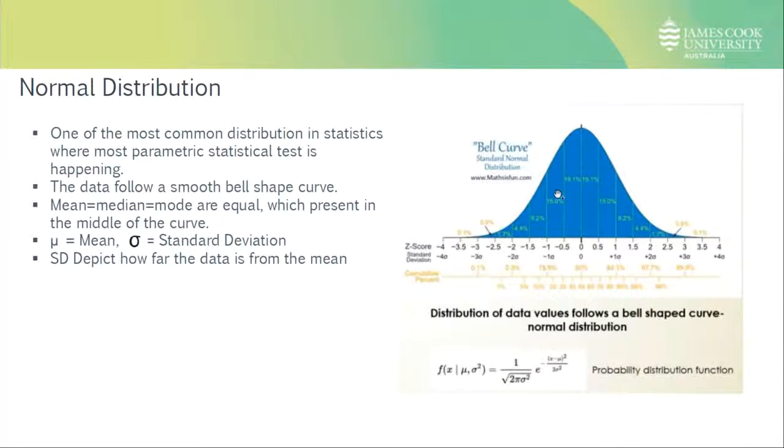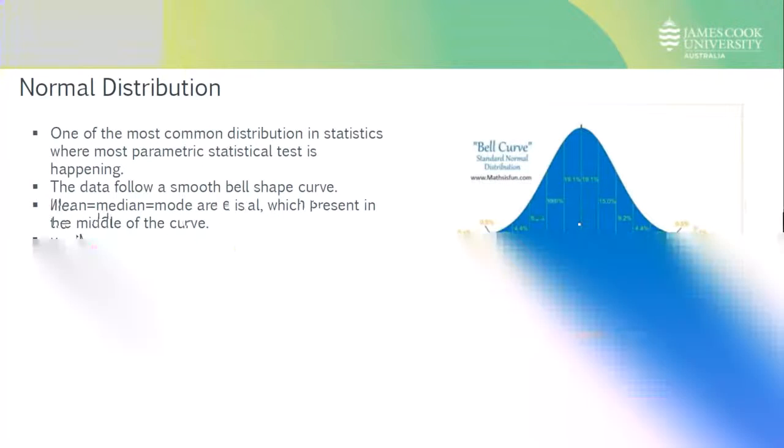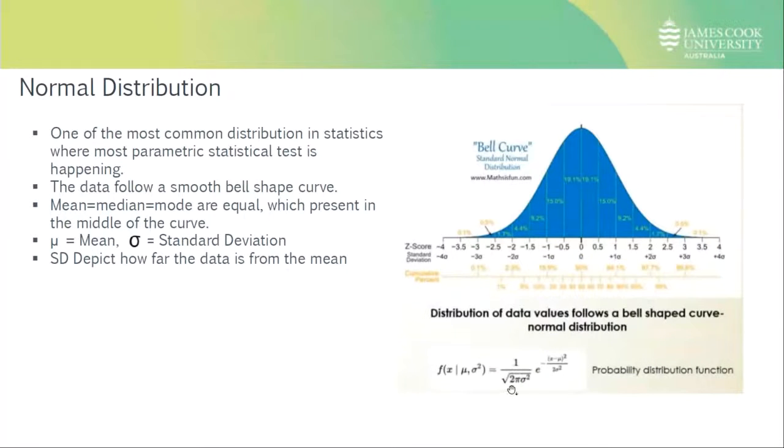This is the statistical formula to calculate how the data takes this shape. It is a very big formula, and the explanation of how it came to this shape can be found in books. This is called the probability distribution function, and some people call it the PDF.